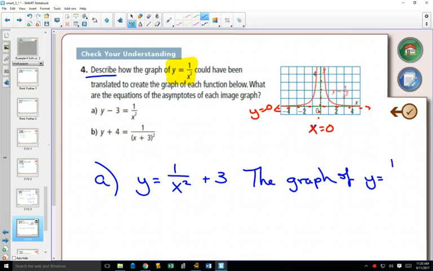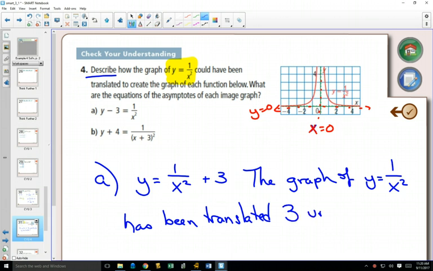The graph of y equals 1 over x squared has been translated. That's the proper word for moved up and down. They would accept moved or shifted, but translated is the best mathematical word to use. Has been translated 3 units up. So there's your explanation in a full sentence.